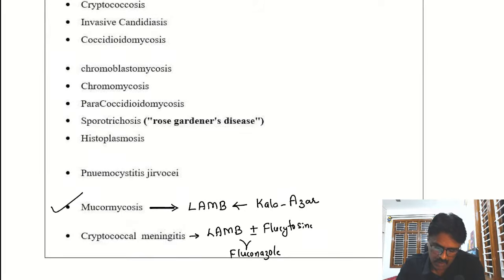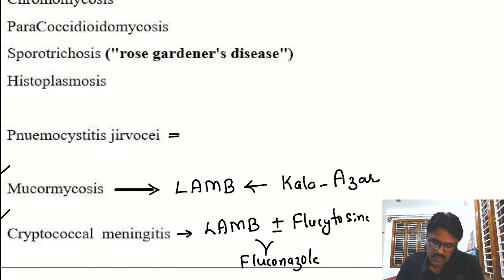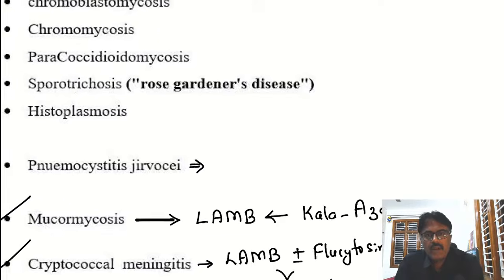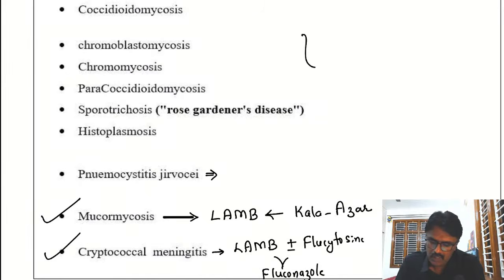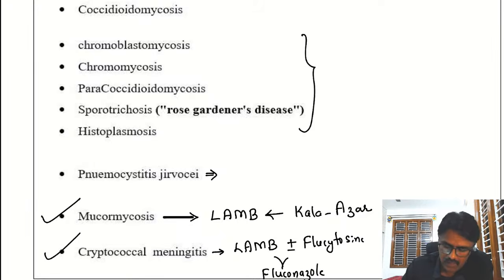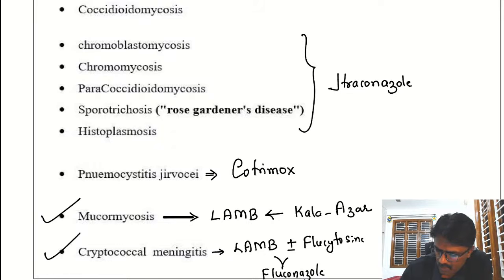So this is what we do in cryptococcal meningitis. Mucormycosis, you all know, cryptococcal meningitis, these are tested. Pneumocystis jirovecii, anybody? What is the drug of choice? For all of these, chromoblastomycosis, paracoccidioidomycosis, sporotrichosis, histoplasmosis, the drug of choice is itraconazole. Nobody is answering for Pneumocystis jirovecii. It is cotrimoxazole. Very good, Jovita James.